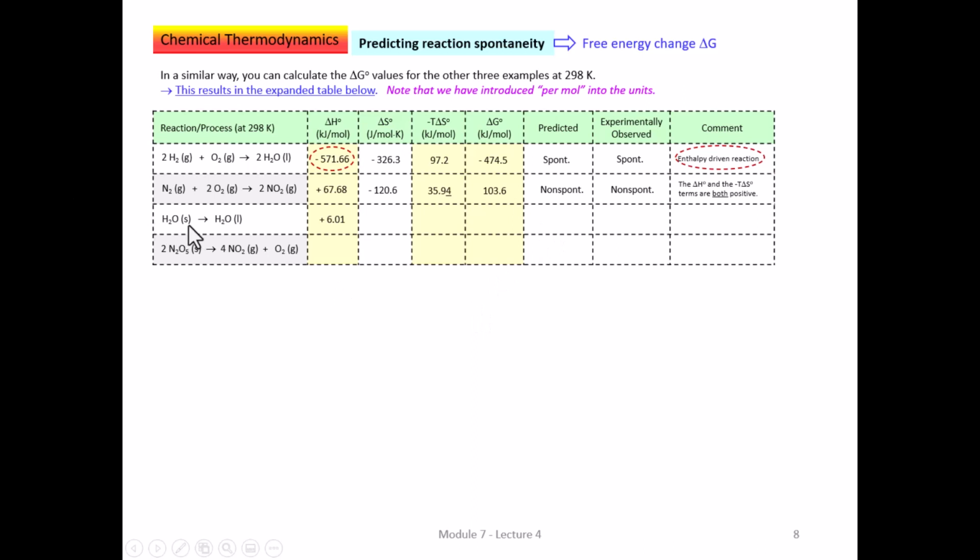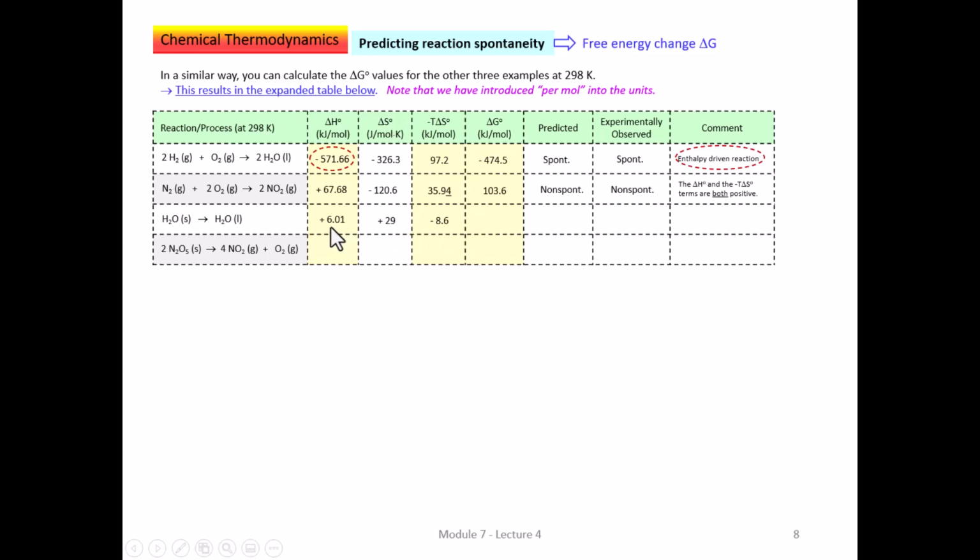For ice melting to water, we know it's an endothermic process because if it takes place in your hand, it gets very cold. We know that disorder is created, so the minus T delta S term turns out to be negative since the delta S term is positive.